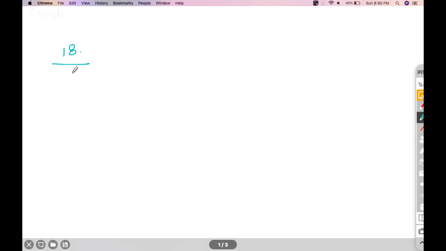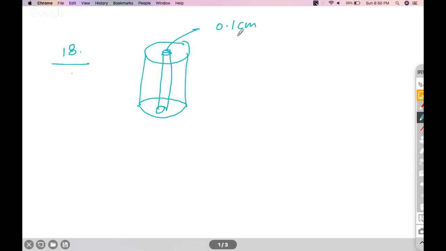Weight of graphite would be, see what happens is, the pencil is like this. This is your pencil, complete pencil, and into it a small graphite is fitted cylindrically. And this diameter has been given to me as 1 millimeter. So it means that this is 0.1 centimeter or 1 by 10 centimeter.